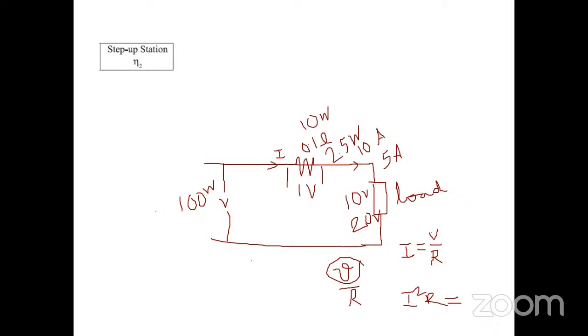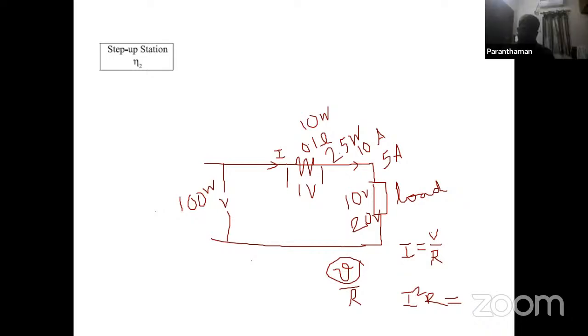Again, it goes to 230 kV, stepping down, and again transmission. The step down transformer with the 230 kV transmission together, we take as 97.5% efficiency. So multiply it with 0.975.